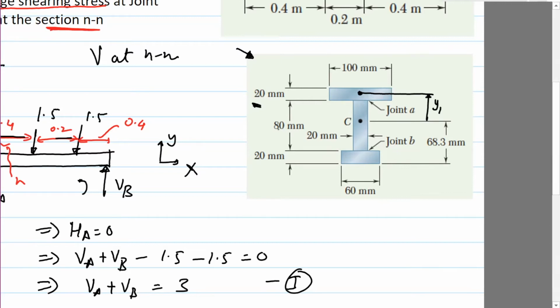Okay, so this is 80 plus 20. This whole thing is 100, but then this is 68.3. So it has to be that this part is 100 minus 68.3. 80 plus 20 is the distance from here to here, and then minus 68.3.